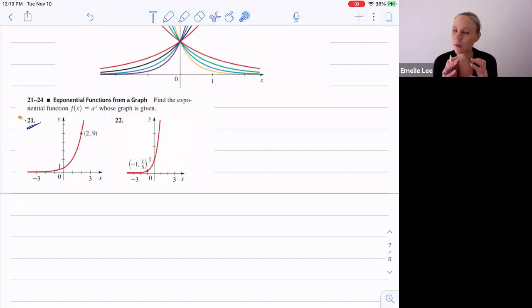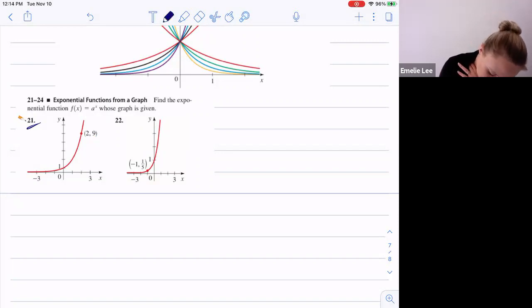In the assignment for 3.1, there might be a question where you're given the vertex and a point on it, and then you have to construct the equation. But just remember, when x is 2, y is 9. And so here, for 21, we have x, y is 2, 9.